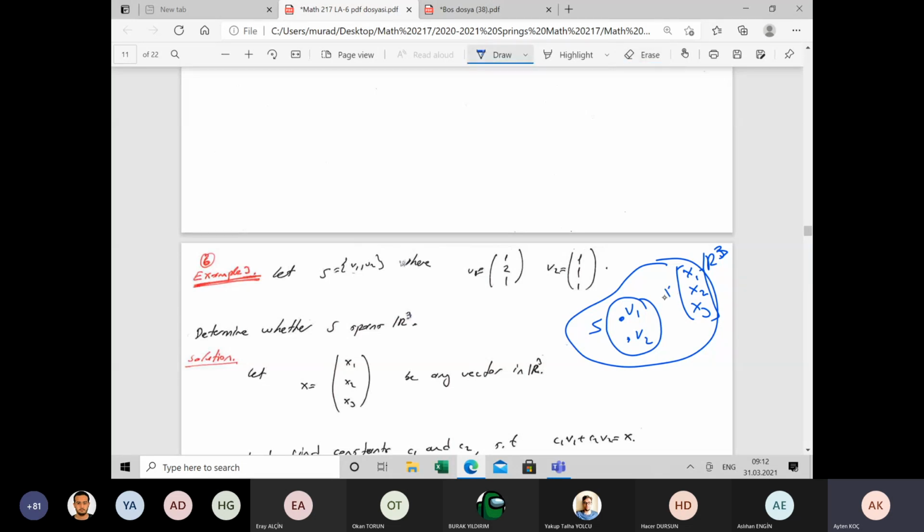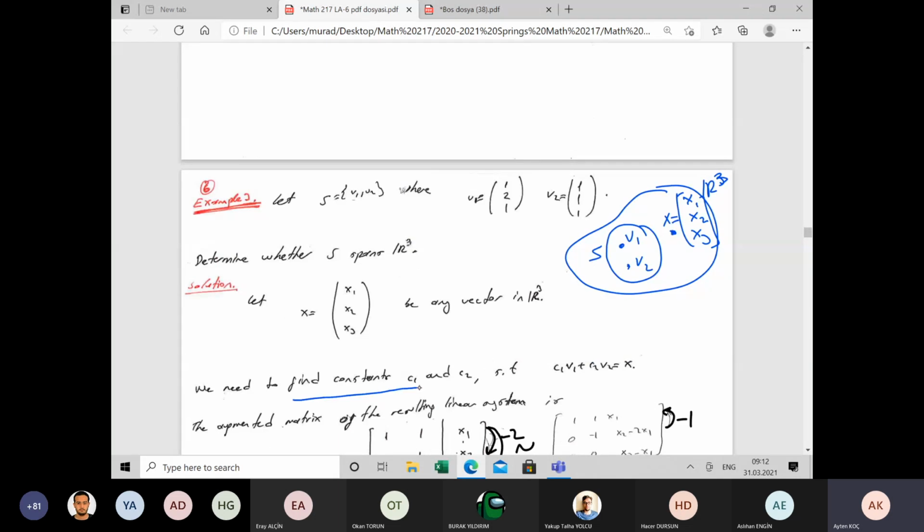Our aim is to show whether x can be written as a linear combination of v1, v2 or not. It's okay. So find the constants c1 and c2 such that c1 v1 plus c2 v2 is equal to x.